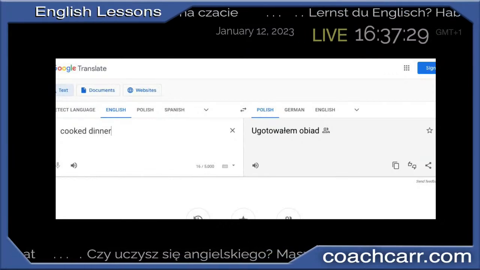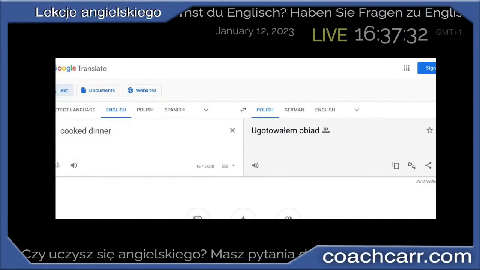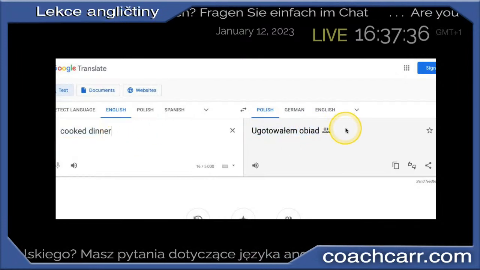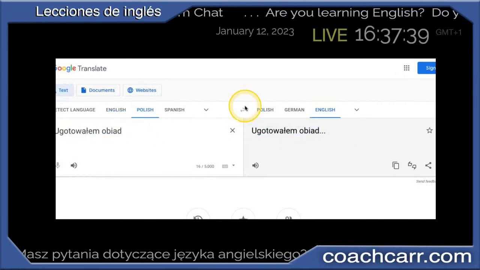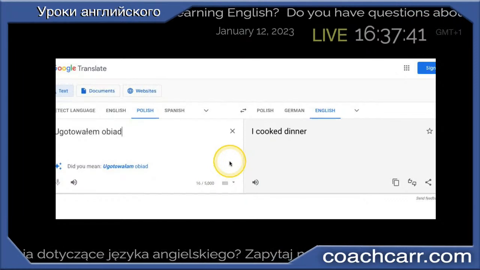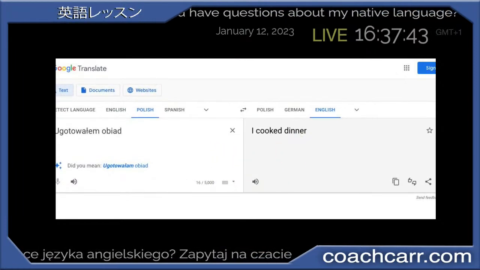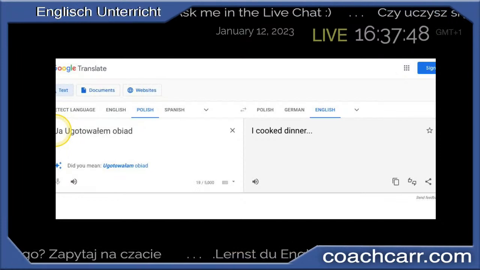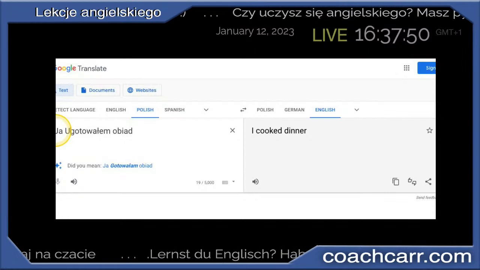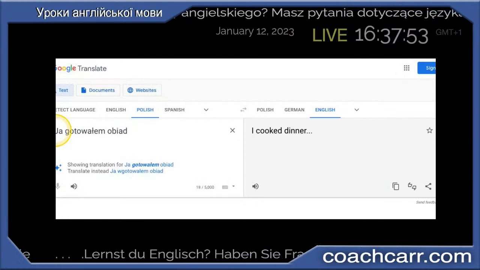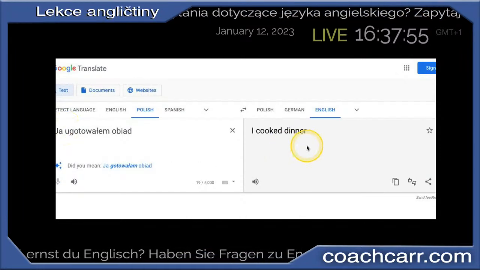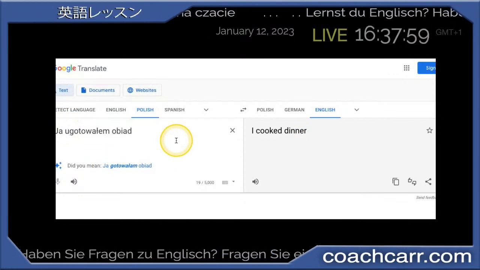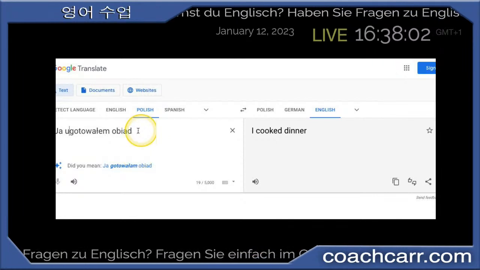Ugotowałem obiad. Let's see if we switch this around here. Okay, if I put ya in there, it shouldn't change anything. Yeah, it didn't change anything. Ya ugotowałem obiad.